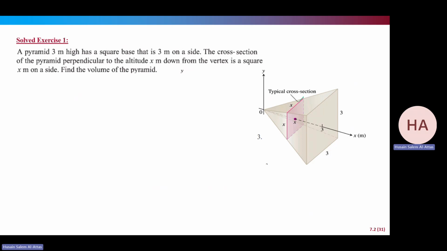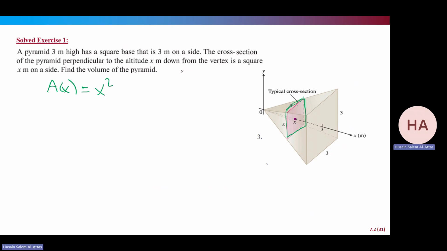The base is a square. The cross section perpendicular to the x-axis, this is the cross section. The base is a square, x meters on a side. So what will be the area of the square? Since this is x and x, that will be x squared.